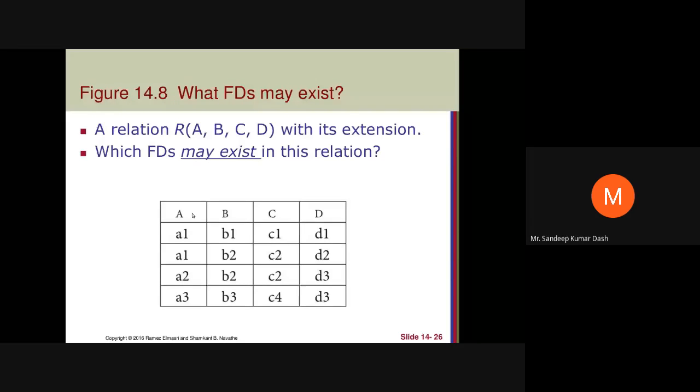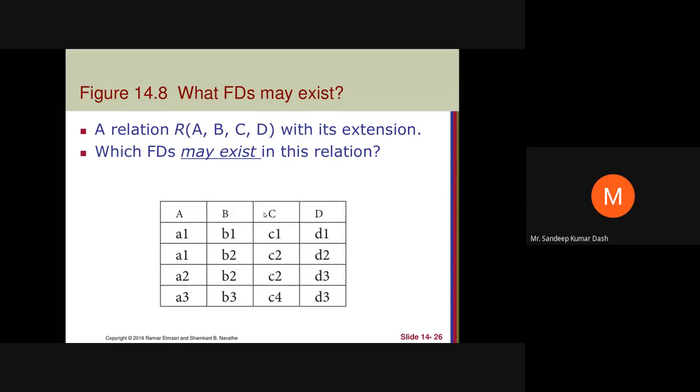Even you have to see three combinations. ABC. Suppose I am combining ABC. Does ABC determine D or not? ABC arrow D is valid or not, that I am determining. A1, B1, C1. Whether this is repeated? No. A1, B2, C2. Whether this is repeated? No. A2, B2, C2. Whether this is repeated again? No. This is also not repeated.